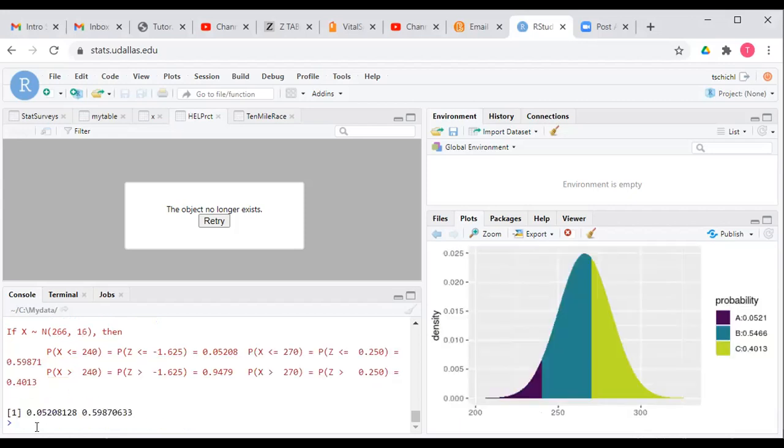All right, so now remember, we love R because it gives us these nice graphs. Which one am I interested in here? It's in between, 240 and 270. So this colored area is 0.5466.